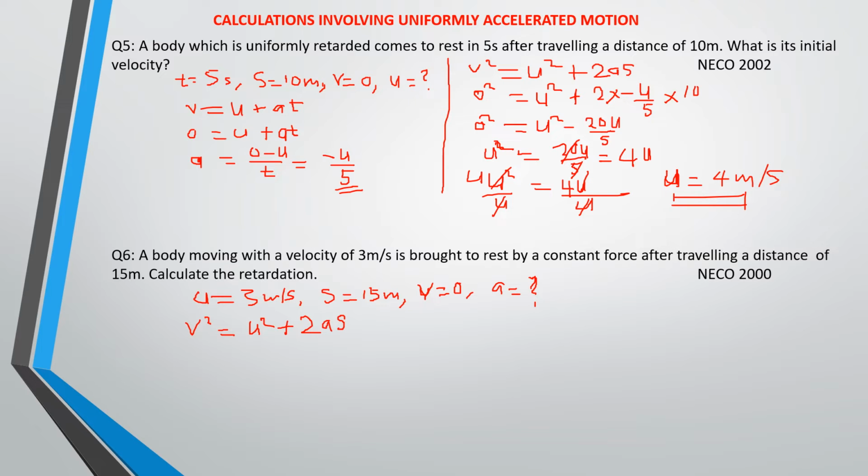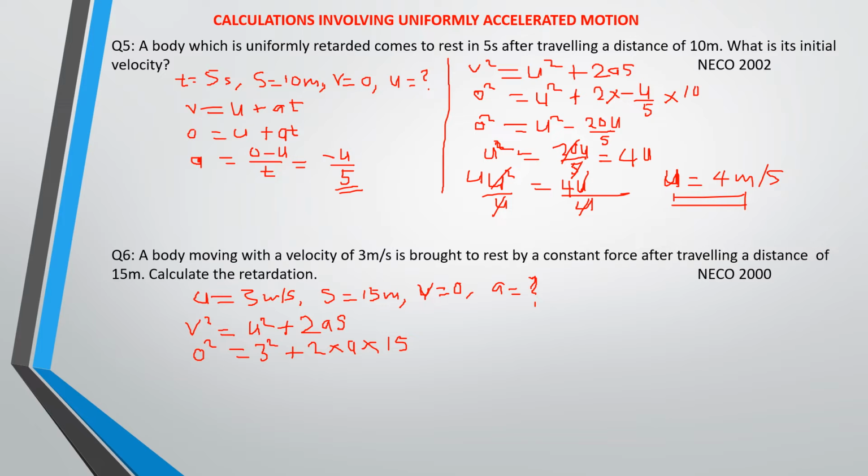Now, from the figures that you have, just substitute them into this equation. If you substitute, you are going to have 0 squared is equal to 3 squared plus 2 times a times 15.